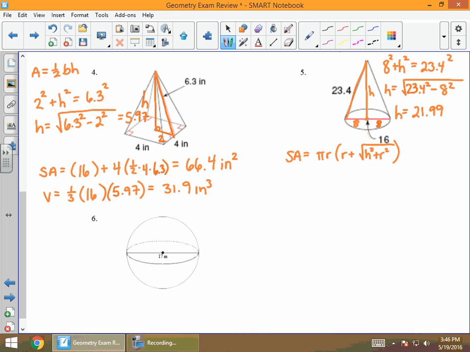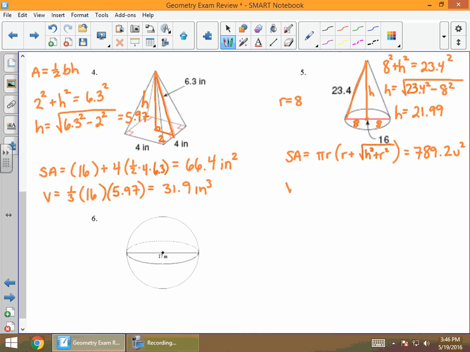So I just needed the radius. The good news is the radius here is 8. And the height is 21.99. So if you plug all that in and just plug and chug, you'll end up with 789.2 units squared. They don't even tell us the units on this one.